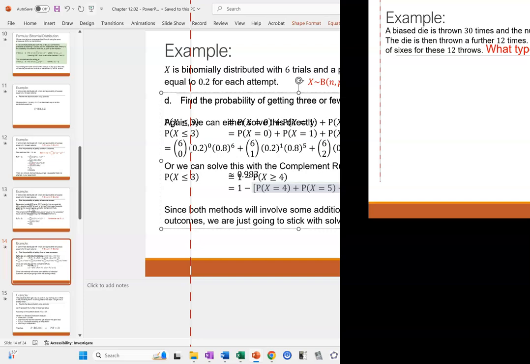Is this experimental or theoretical? Experimental. Why is it experimental? We haven't been given the probability of rolling a 6, right? We've just been told the result for some trial.